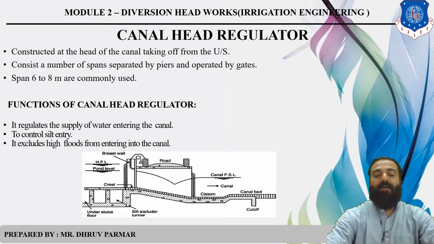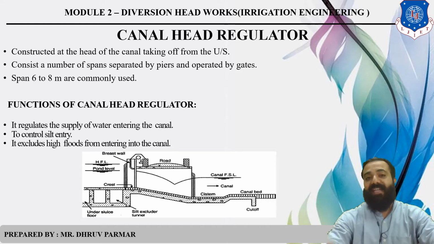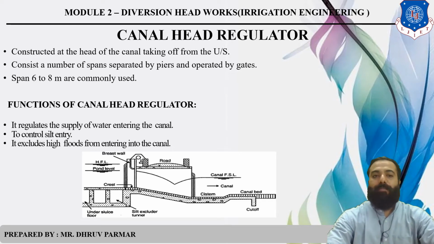So what are the functions? The first function is to supply water to the canal, or we can say it can regulate or control the water entering the canal. The second one is to control silt entry, so we can provide a silt ejector or silt excluder. The third one is that it excludes high floods from entering the canal.